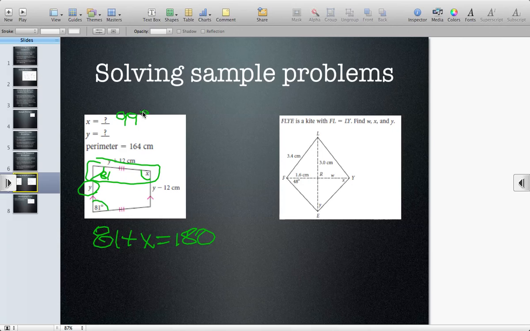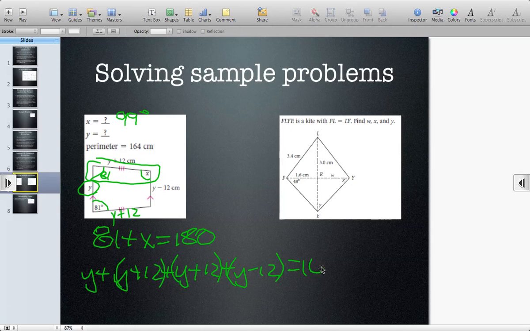Well, if it's isosceles, that means this side is going to be equivalent to y plus 12. And with all perimeter questions, add up the sides. So we have y plus 12 plus y plus 12 on the other side, and then we have y minus 12. You want to put parentheses around these, that'll help keep those four sides in line.